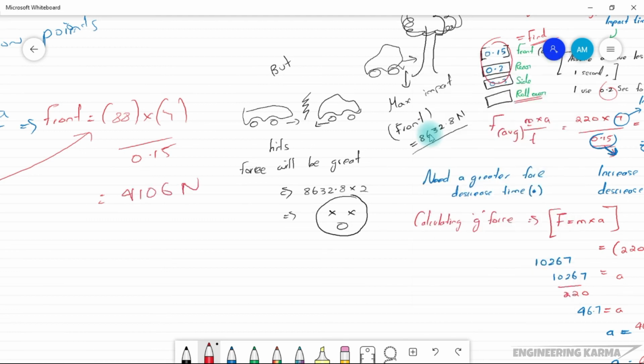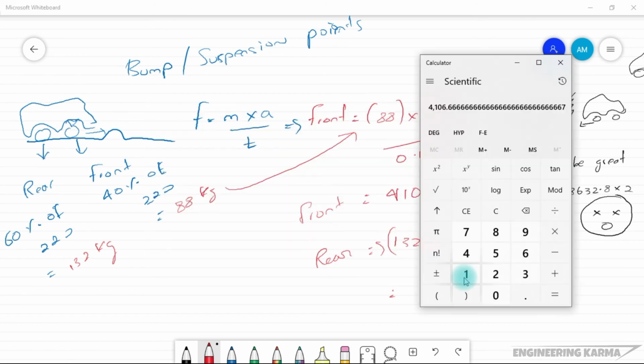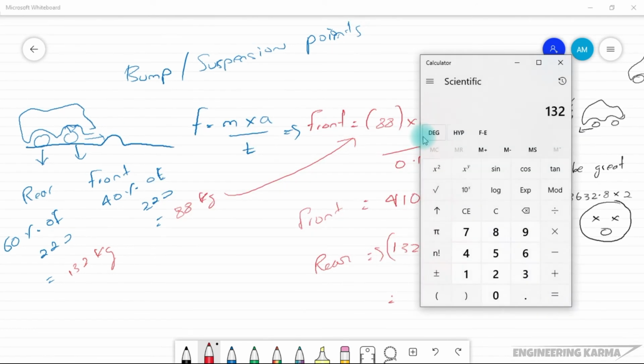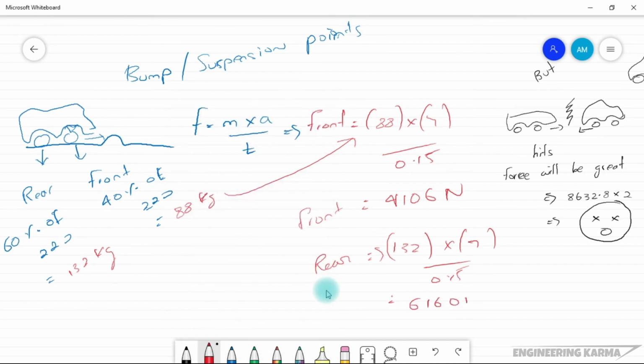The force acting on the front. The force acting on the rear.